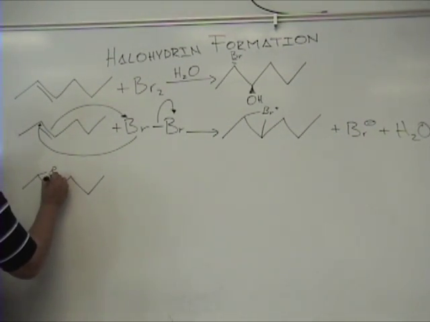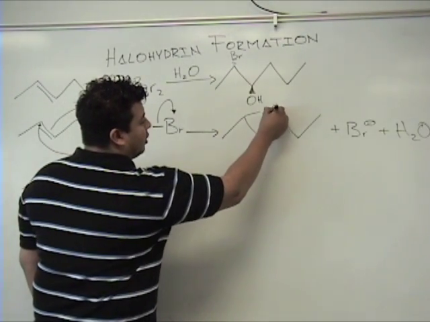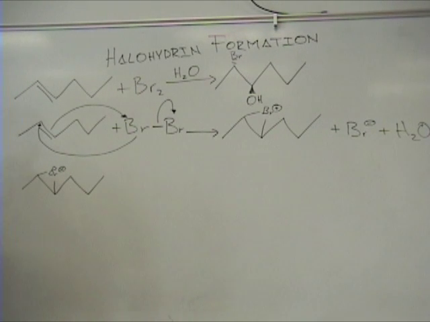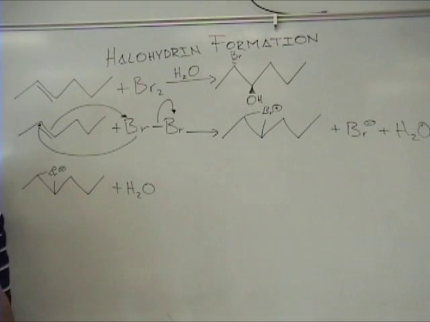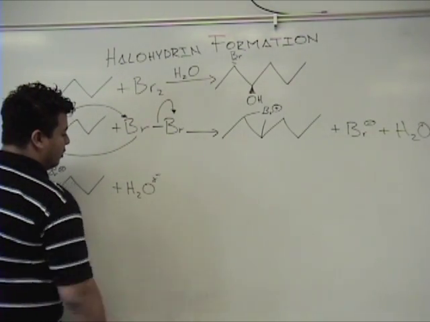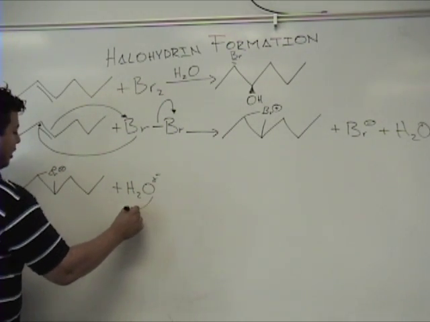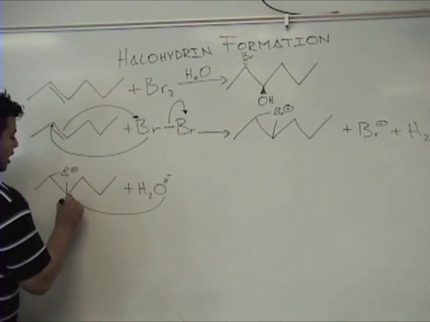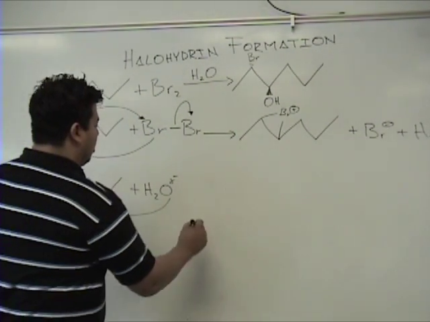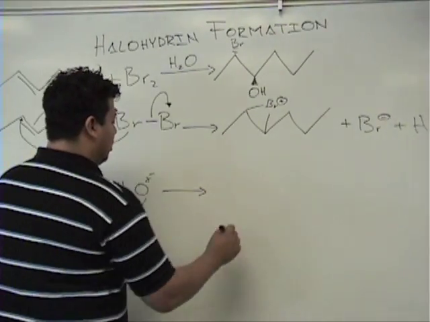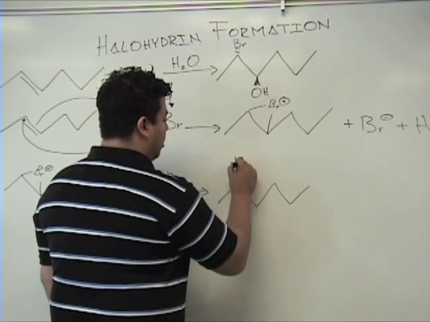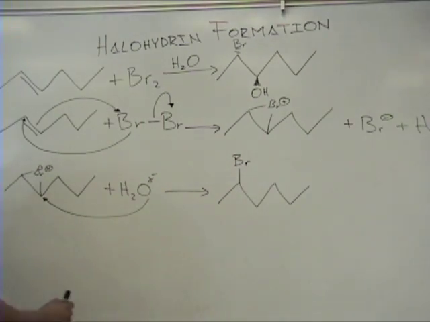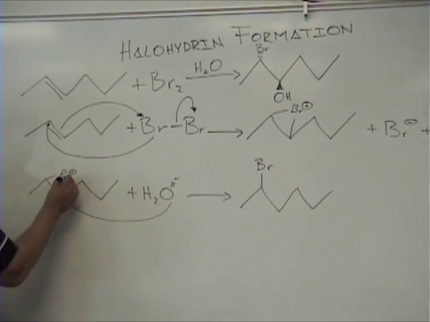Then I'm going to copy whatever is there. Like that. We have the bromonium ion right here. Let me circle the formal charge. And then water, the partial negative oxygen, is going to attack that carbon right there, and we're going to get the Br here, and this Br, it takes the electrons from this bond.